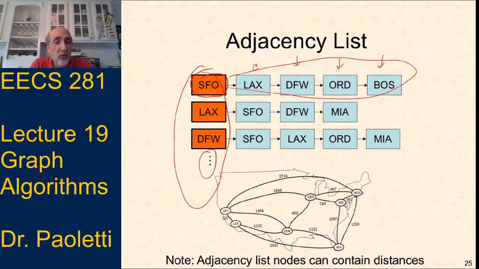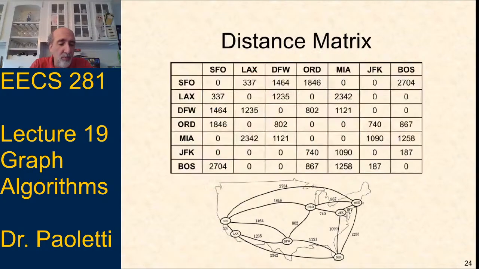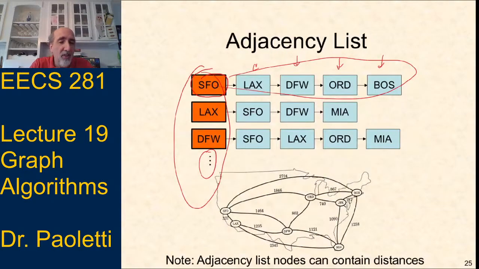Now, why would we choose to do the adjacency list or the adjacency matrix? It depends really on whether the graph is dense or sparse. If the graph is really dense, we would find that the matrix is easier to deal with. Whereas if the graph is sparse, the adjacency list might be easier and also might give us a better complexity on our algorithms.